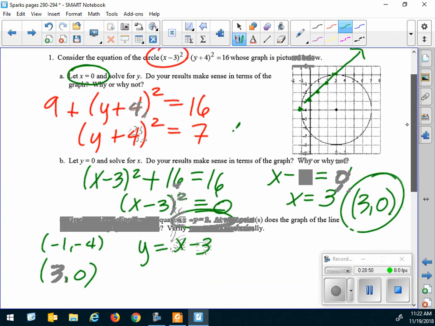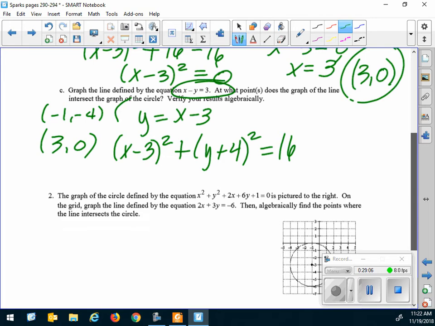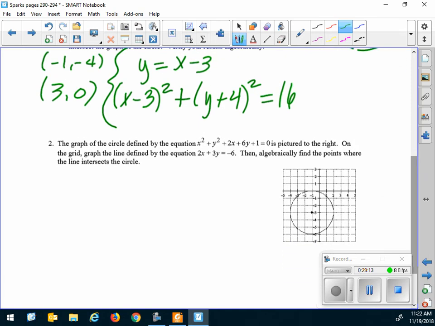And I got x minus 3 quantity squared plus y plus 4 quantity squared equals 16. System of equations. That's what I'd do. I'd do substitution. How are we going to do substitution? What are we going to substitute? Substitute this into the other equation everywhere you see y, right there.